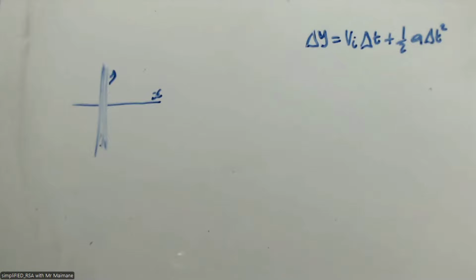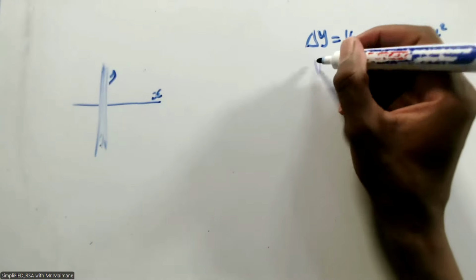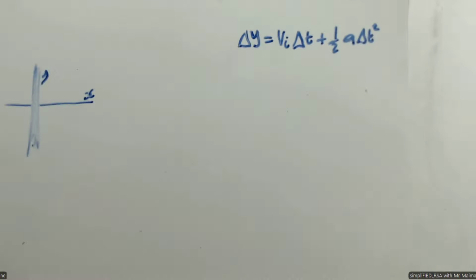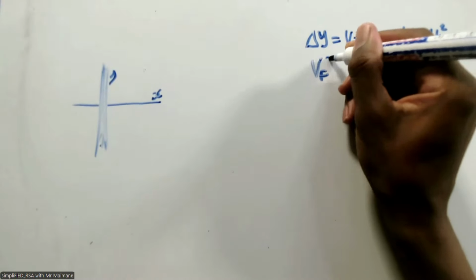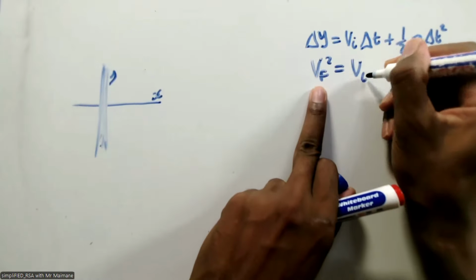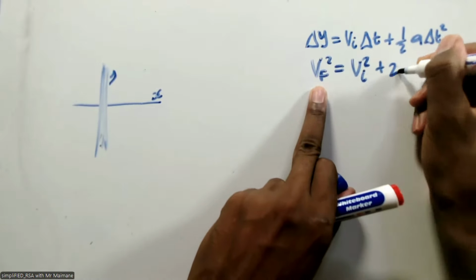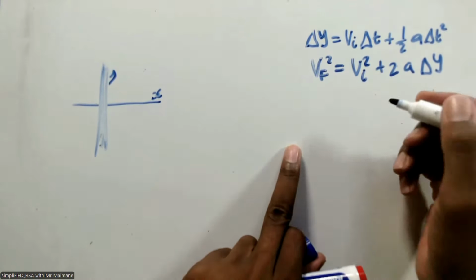And that acceleration should be 3.88 meters per second squared if we do our calculations right, based on the question that we are given. The second equation of motion that we can look at is Vf squared is equal to V initial squared plus 2a change in y, because it's a vertical motion.